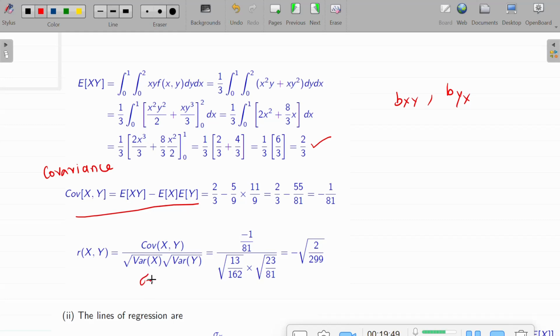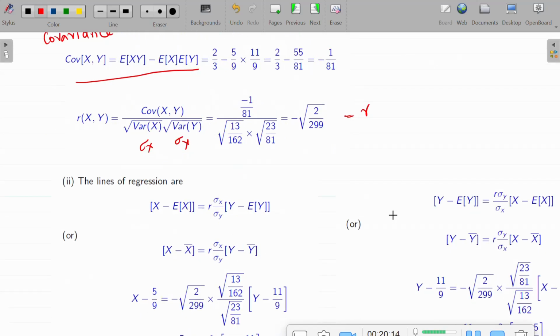So just substitute the values we got. You get the covariance as minus 1 by 18. So substitute in the formula of correlation coefficient R. So it is minus 1 upon 81 and sigma x, sigma y. So finally we'll get R, where R is negative. Okay. So the first part of computing the correlation coefficient is over.